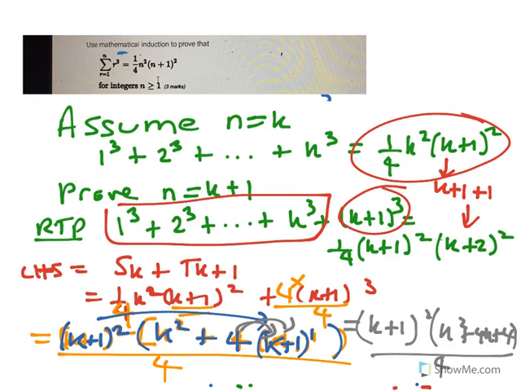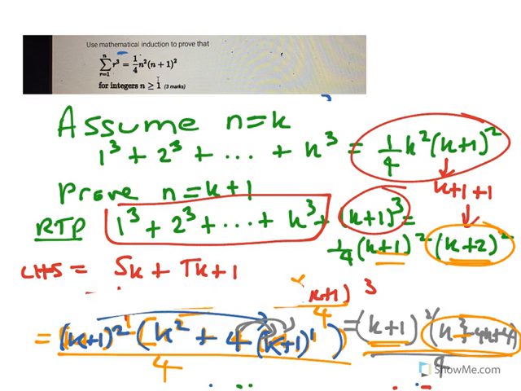If you look at that top line, k squared plus 4k plus 4 will give you k plus 2 squared, k plus 1 squared is there, and then it's over 4, which is really just a quarter.